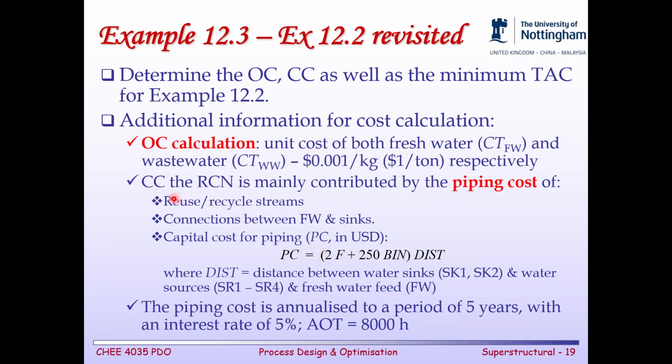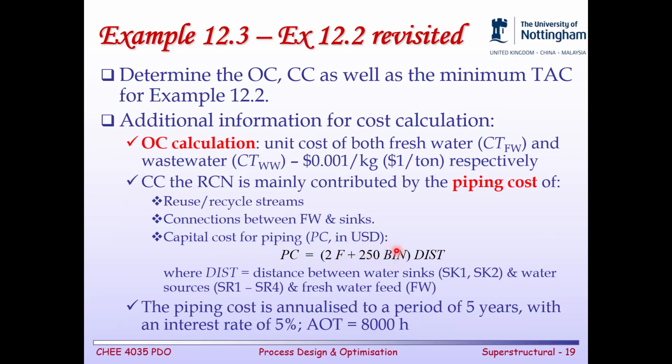So the pipes would run from the reuse and recycle streams, and also between the fresh water and the sinks, and of course the waste streams also. Okay, so this is the piping cost.